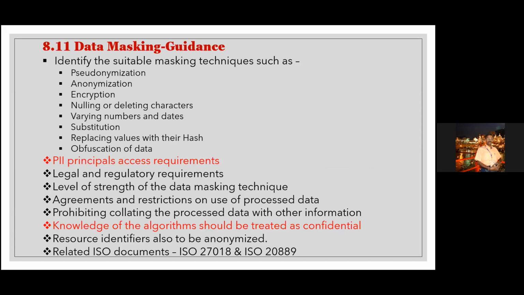Here, the word data masking has been used in a generic way. Normally, when we talk about data masking, we understand numerical characters being masked as XXX, something like that. But in this version, it has been used generically for pseudonymization, anonymization, encryption, nulling or deleting the characters, varying numbers and dates, substitution of a particular text, replacing values with their hash value, and obfuscation of the data.